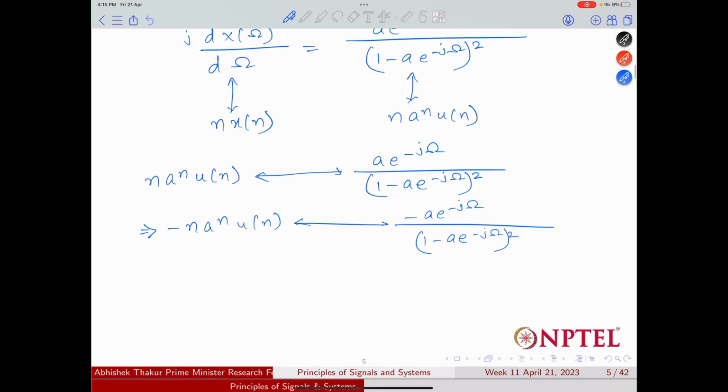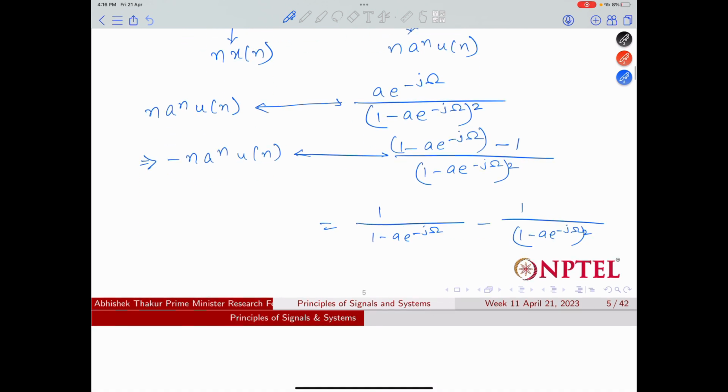We can write this by adding 1 and subtracting 1 also. After that, this becomes 1 by (1 minus a e to the power of minus j omega) minus 1 by (1 minus a e to the power of minus j omega) whole square.